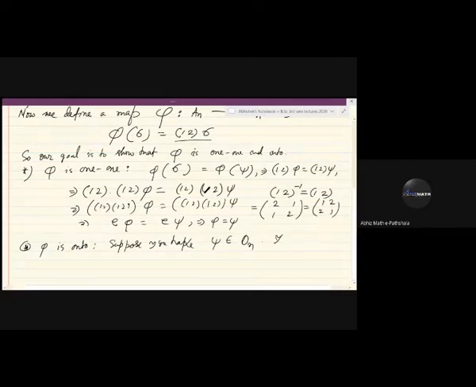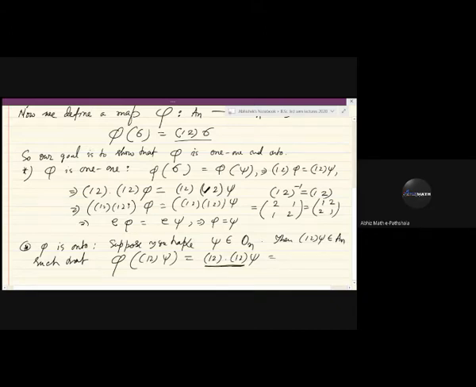Then (1 2) psi must be an even permutation in An, and it will be mapped to (1 2)(1 2) psi.